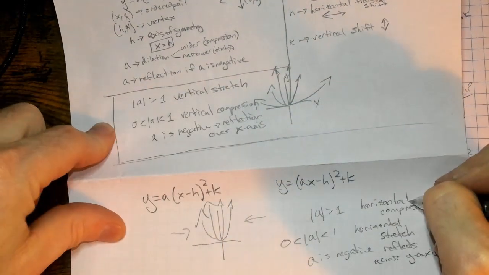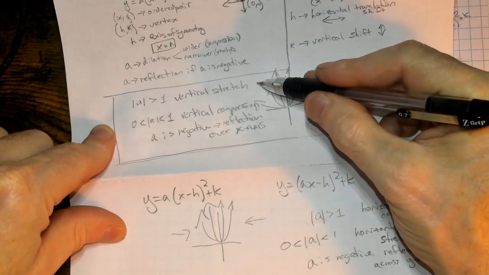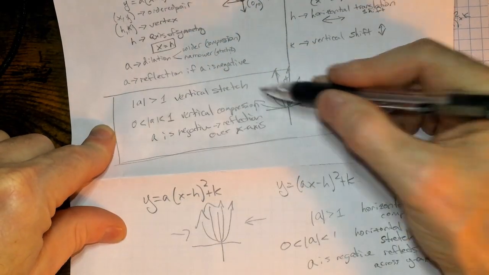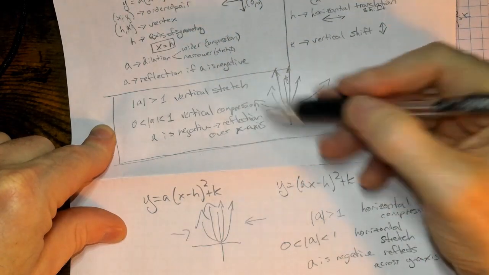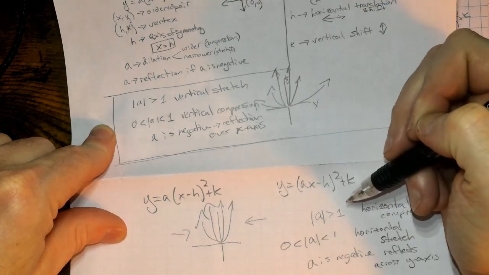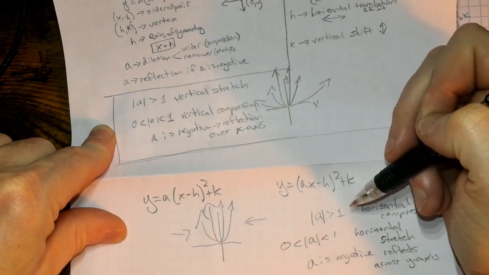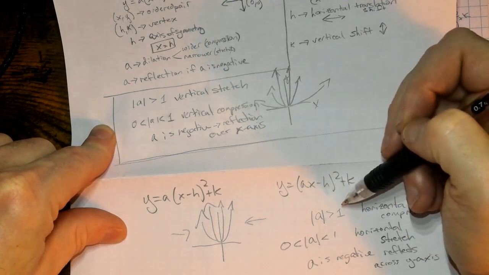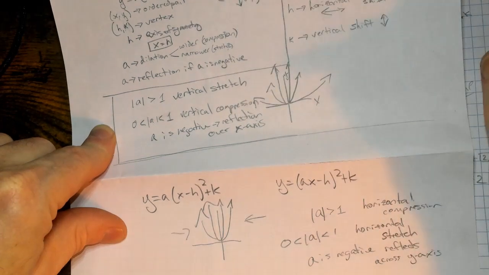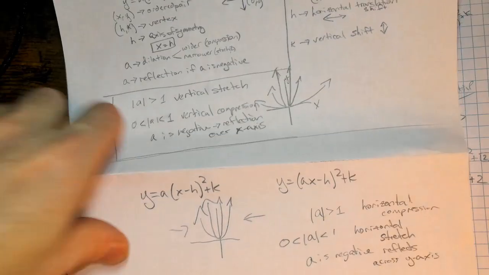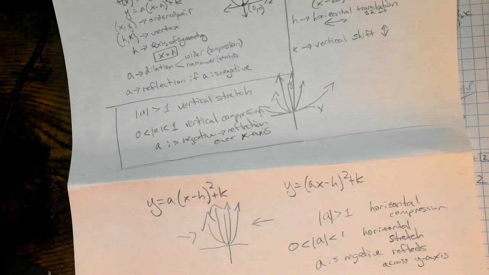So horizontal compression looks a lot like a vertical stretch in the effect, but it's not going to be exactly the same mathematically, so you have to do some calculations to evaluate it, but you can think of similarities in terms of how you can imagine it. So I would test these things on Desmos and practice with some examples.